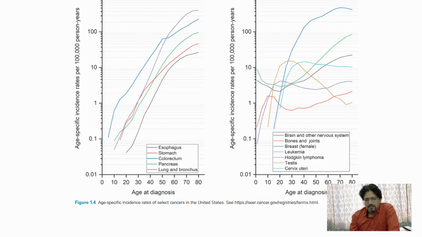Similarly, for lymphoma, we can see there is one peak over here and another peak over here. So for breast cancer, it is called Clemmesen's hook, where one peak increases up to 50 years of age and then afterwards it decreases.